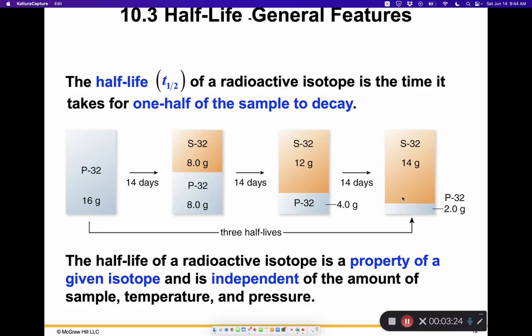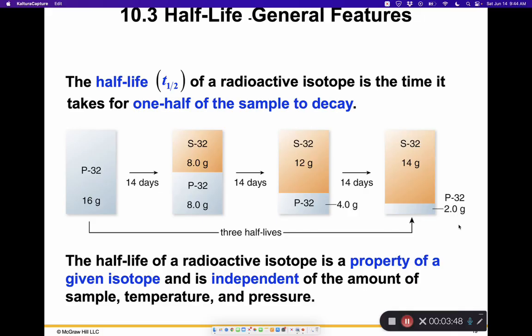After another 14 days, only 2 gram of phosphorus-32 is left. So in this example, 3 half-lives have elapsed. In 3 half-lives, the original 16 gram sample is now just 2 gram.